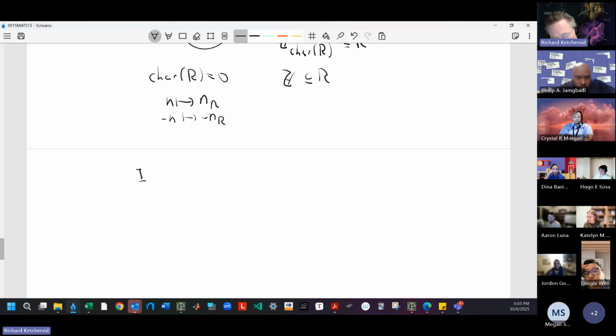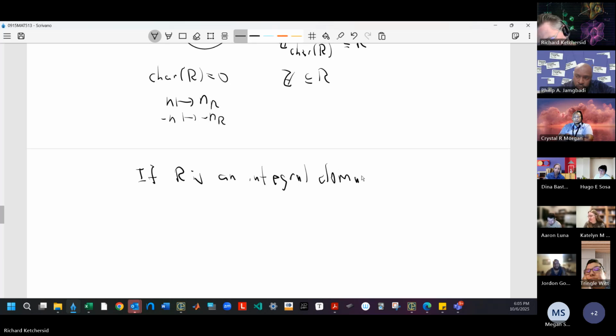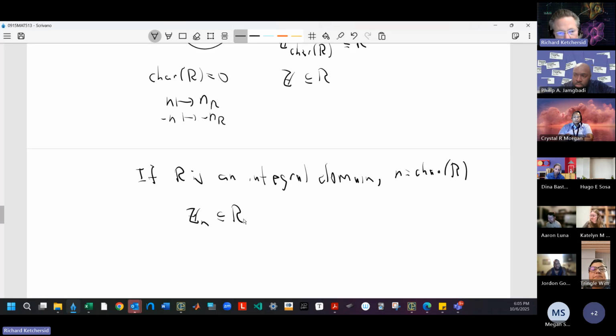So if R is an integral domain, then our copy that's sitting inside there, our Zn, let's say n equals char R, our little copy Zn sitting inside of our ring now has no 0 divisors.